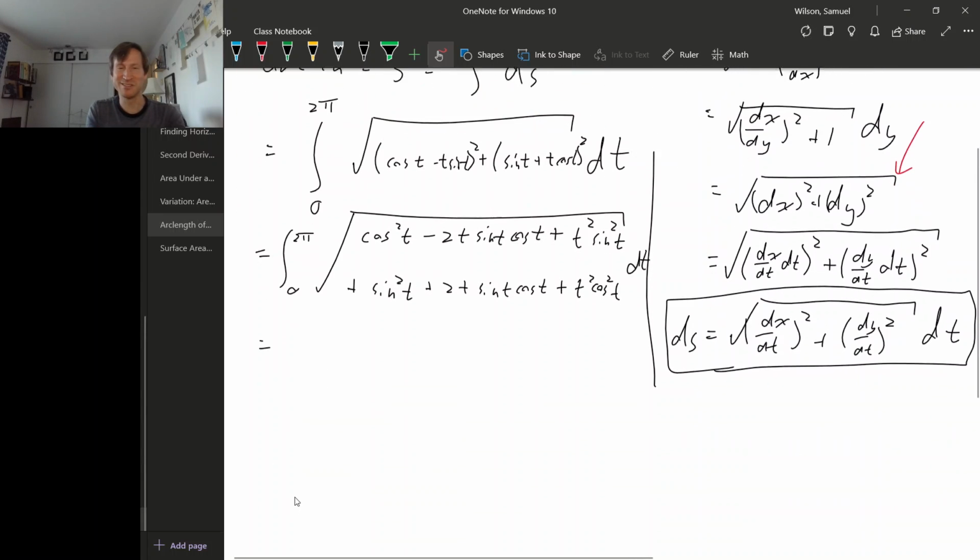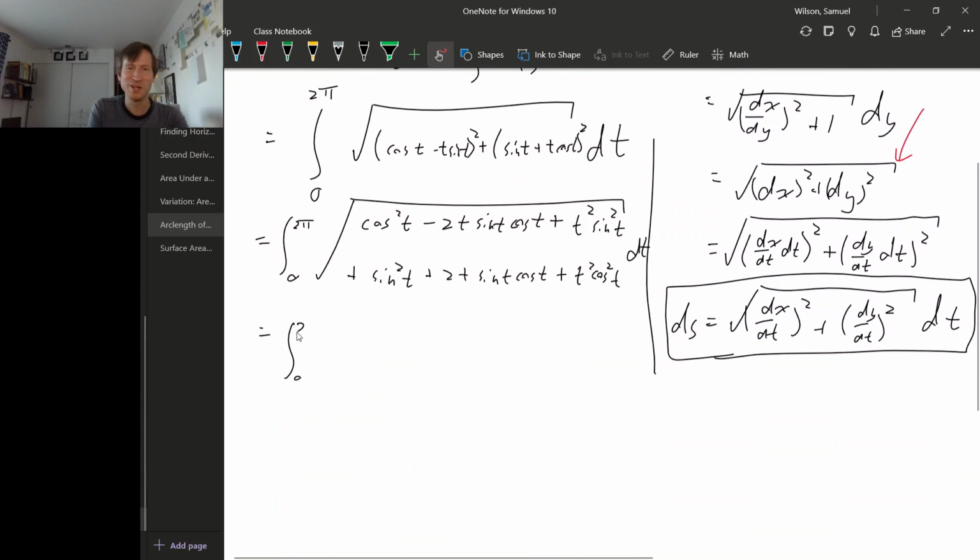Now simplify this: integral from 0 to 2 pi. Cosine squared plus sine squared is 1. These big middle terms cancel, which is nice. And for the last terms, if you factor out the t squared, they turn into t squared times cosine squared t plus sine squared t. Cosine squared plus sine squared is 1, so we just get plus t squared.